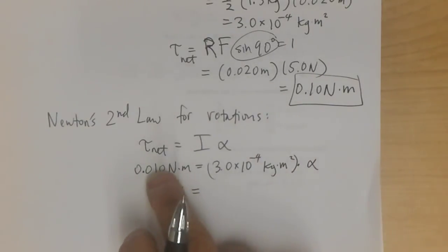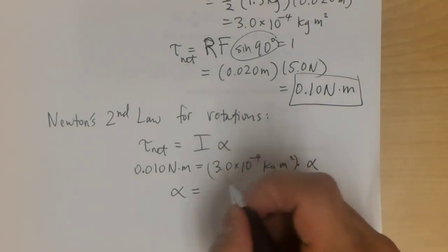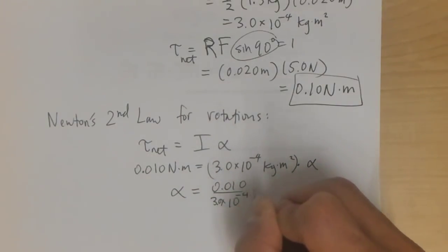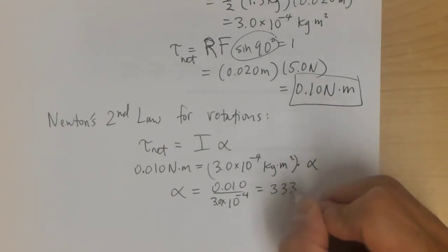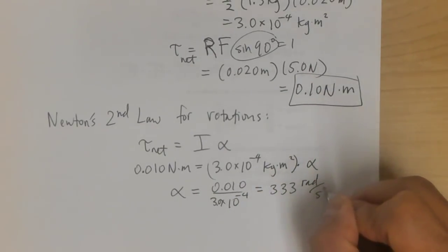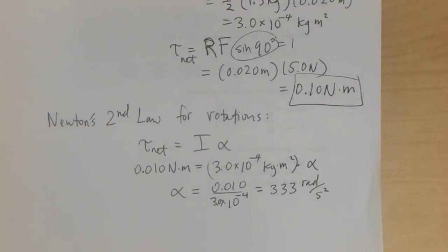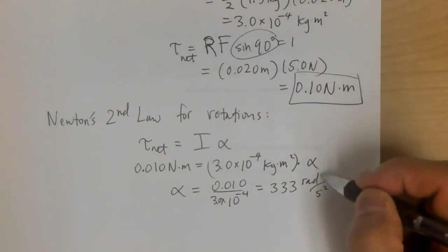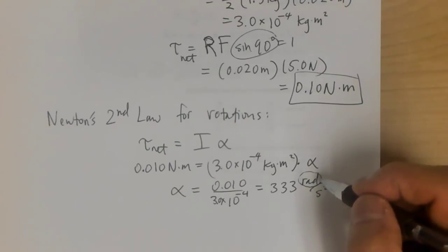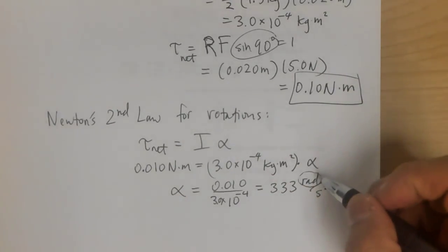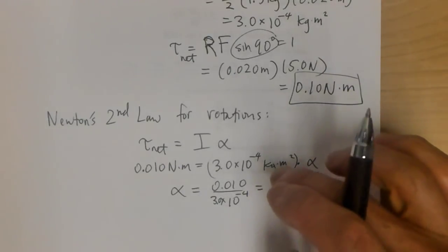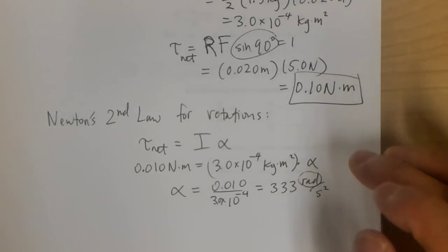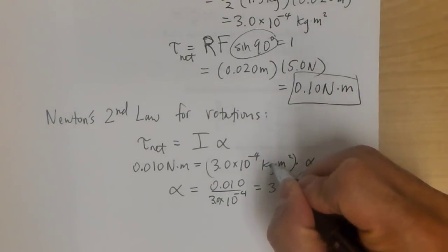So the angular acceleration will be 0.10 divided by 3 times 10 to the minus 4, which is equal to 333 radians per second squared. By the way, if you were trying to keep track of my units here, I put in radians out of thin air because angular acceleration has units of radians per second squared. But you'll notice that radians aren't really a unit. You put them in when you need them, and you take them out when they get annoying.